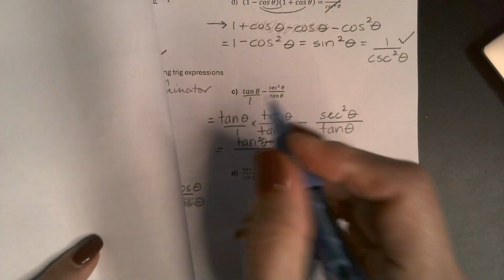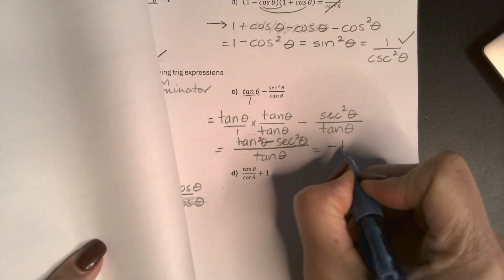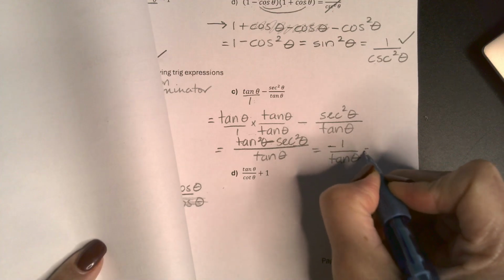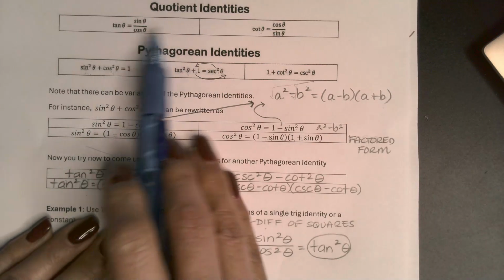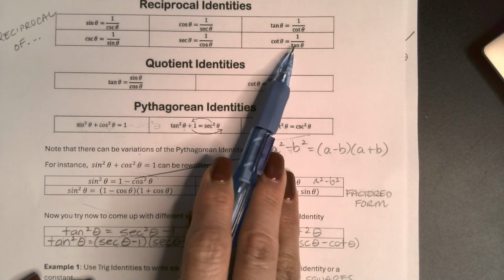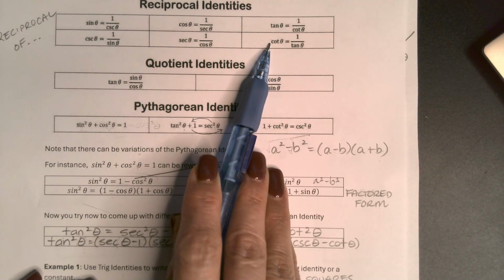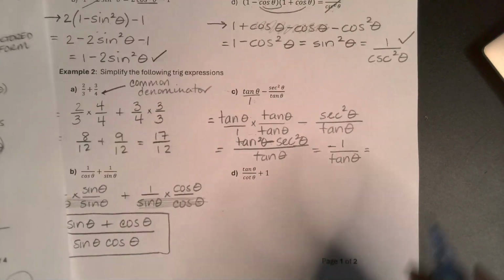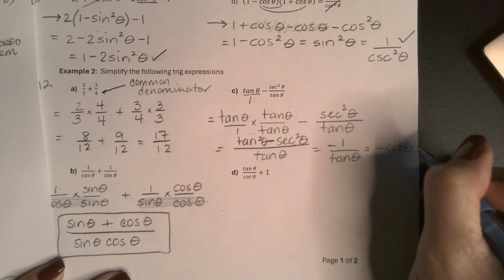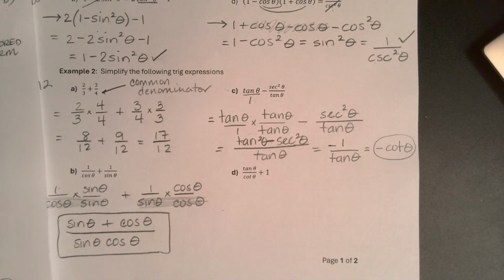So tangent squared minus secant squared is actually negative 1 over tangent theta. And then 1 over tangent is cotangent. So negative 1 over tan would be negative cotangent theta. So let's put negative cotangent theta, and we will circle that answer.